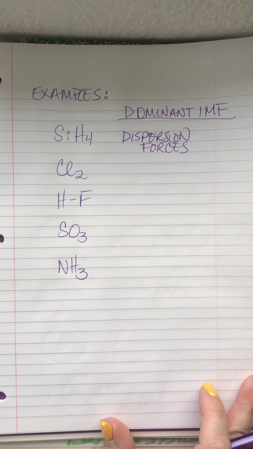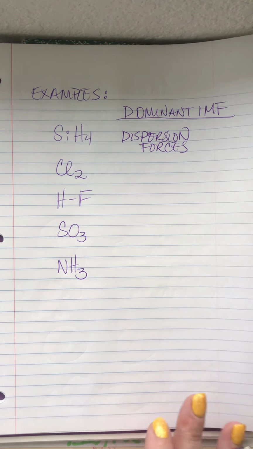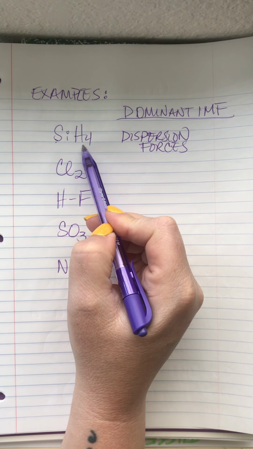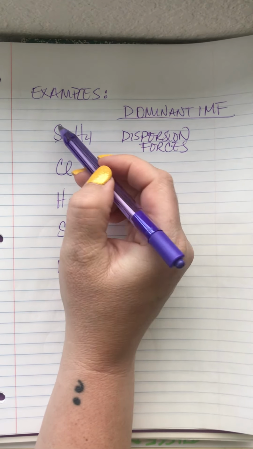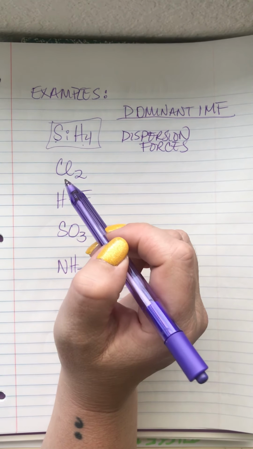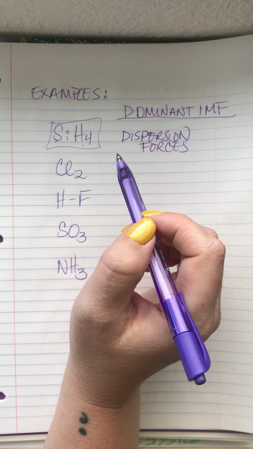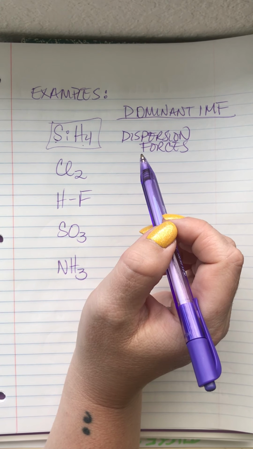Does that make sense, guys? No. So if we have silicon in the center and hydrogens all around it, this is going to be pretty nonpolar. I get how it's nonpolar, but then how are you saying it's... Oh, because dispersion's temporary.